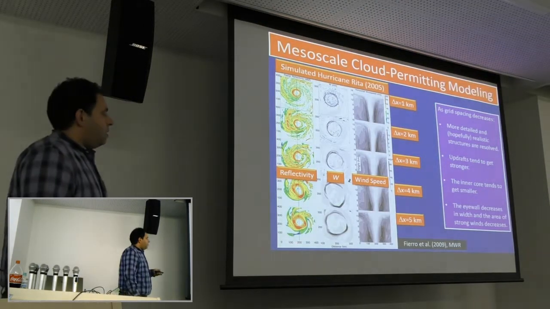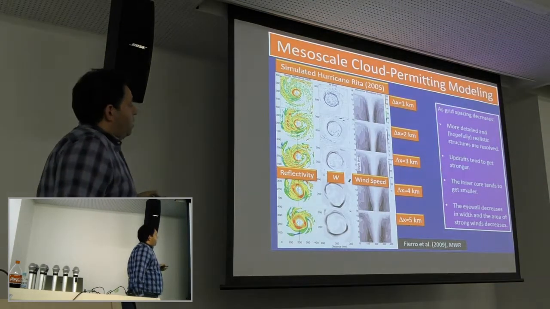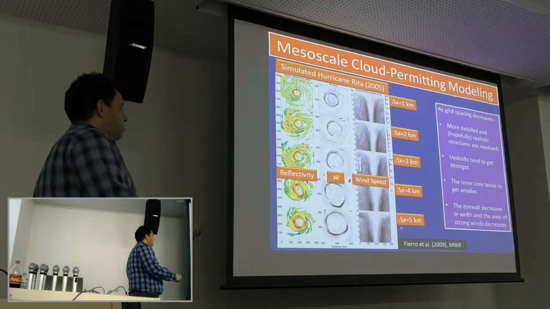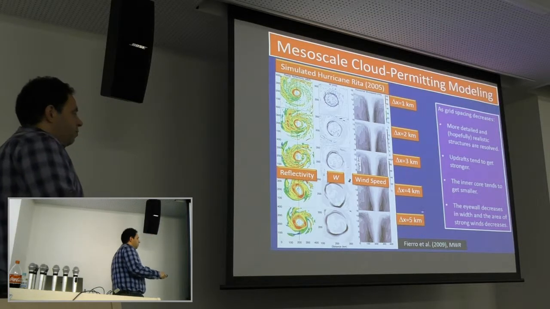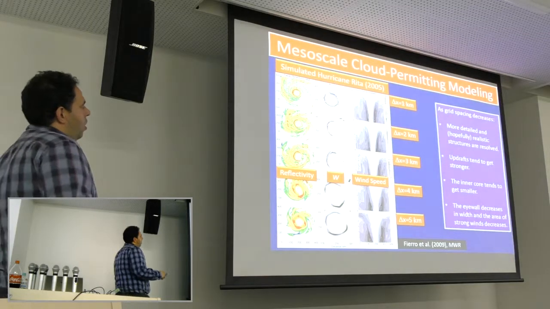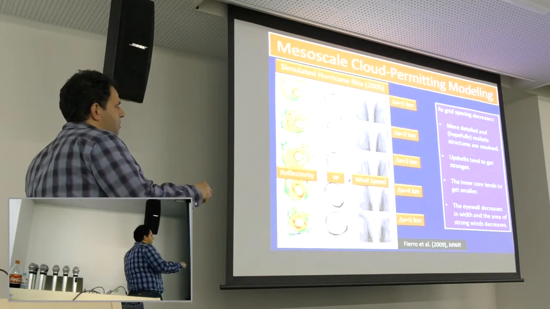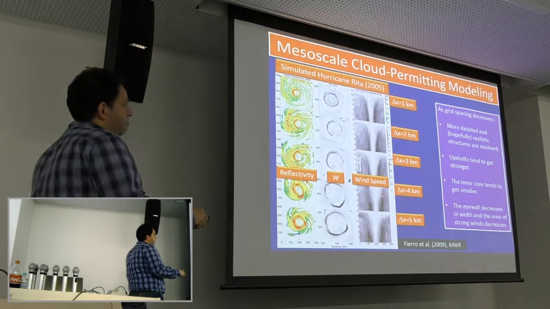Another study is from Fierro et al., and they looked at a simulation of Hurricane Rita as they systematically decreased the grid spacing from 5 kilometers at the bottom to 1 kilometer at the top here. On the left is simulated radar reflectivity, the middle is vertical velocity, and the right is wind speed.